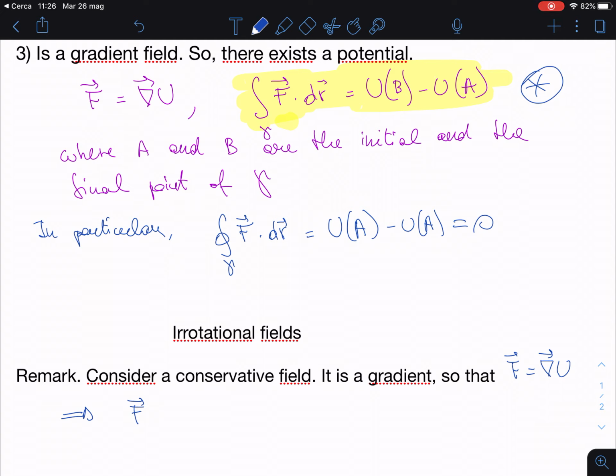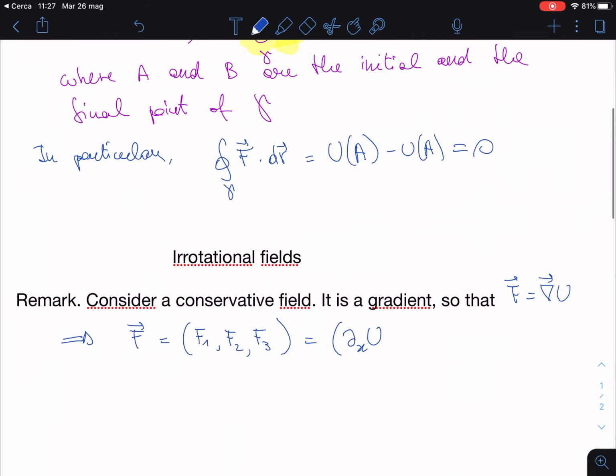So if we write down f component by component, like f1, f2, f3, then we have that f1 is the derivative with respect to x of u.